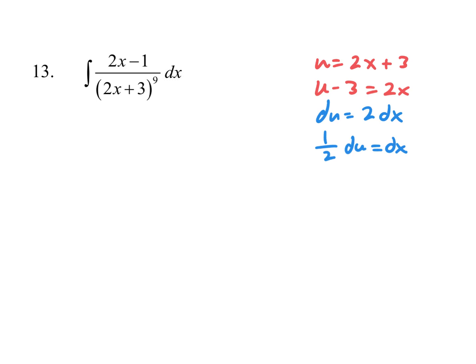So I'm going to try to go fast. My 1/2 for the du, I just slid it out front and we can ignore it, okay? This u minus 3 goes in for the 2x, and I have the minus 1, and then I decided to bring this up, make it u to the negative 9, okay?